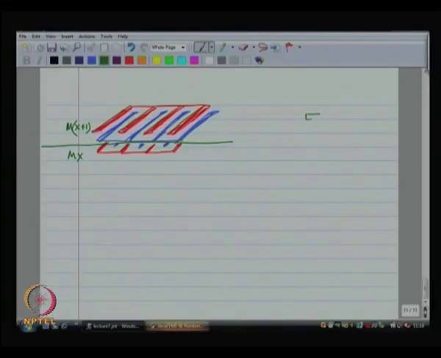So, this is the cross section. So, you not only get this capacitance, you also get this capacitance.